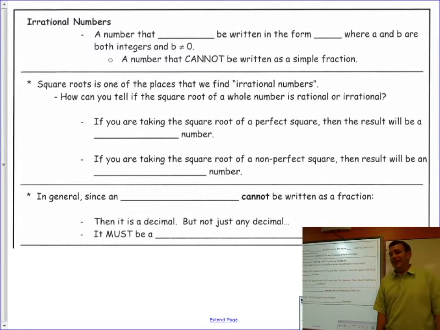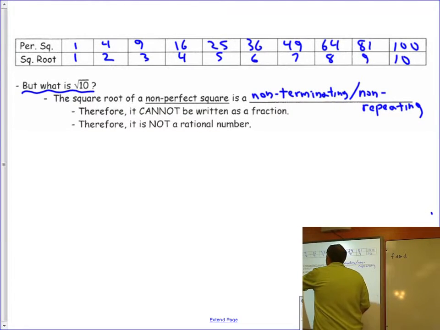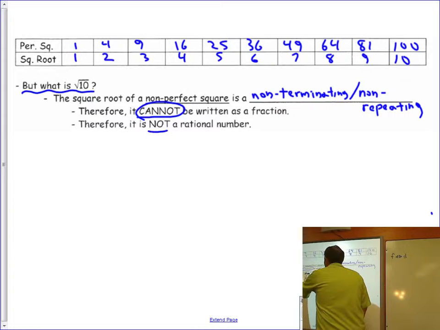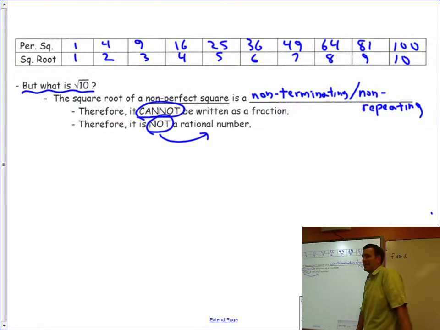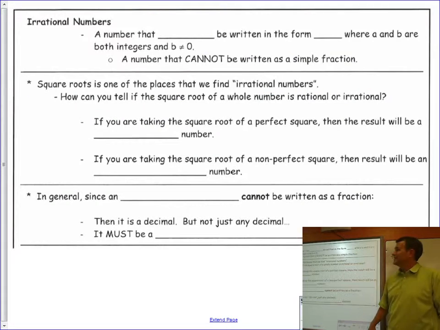And this leads us to irrational numbers, right? Let me go back for a second. A non-terminating, non-repeating decimal cannot be written as a fraction. And if it cannot be written as a fraction, it's not a rational number. And if it's not a rational number, then it's an irrational number.